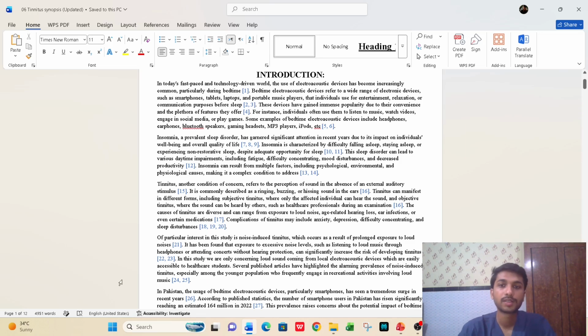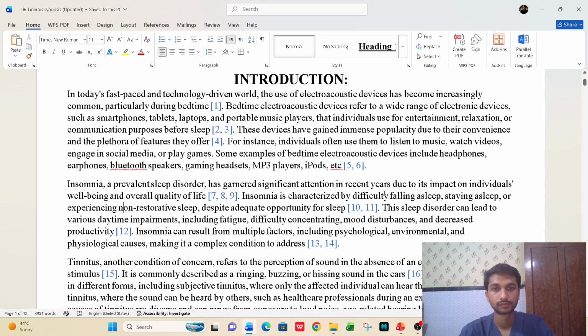So here in this portion of the introduction, first of all you are talking about the topic in today's fast pace, and you are citing references as well.